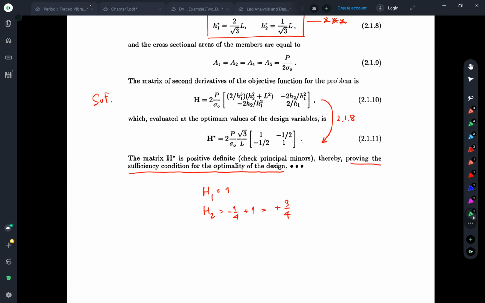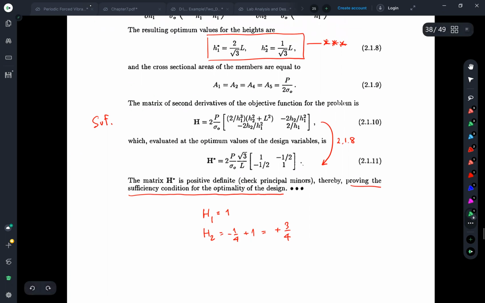However, we can do the test by introducing H star from 2.1.8 into 2.1.10 and obtaining 2.1.11. Once we introduce the stationary point, the terms of H1 and H2 are removed and replaced by numbers, and it becomes a constant matrix.